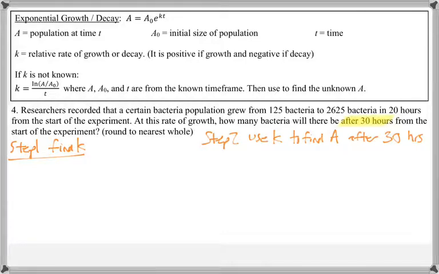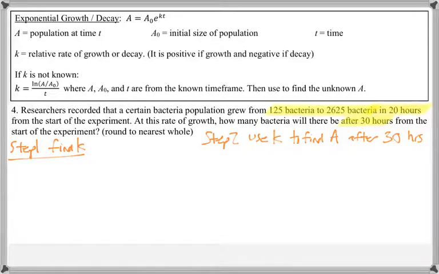So I'm trying to find K, and I'm using the A0 and T from the known time frame. So we know that the population grew from 125 to 2,625 in 20 hours.